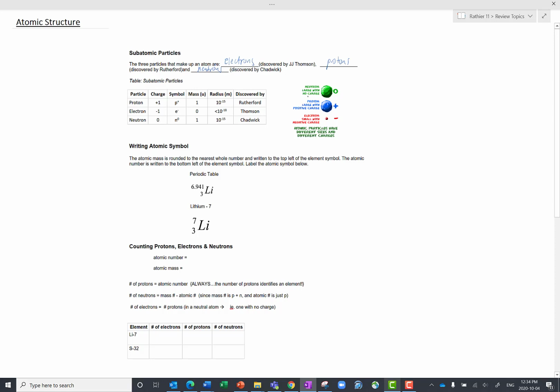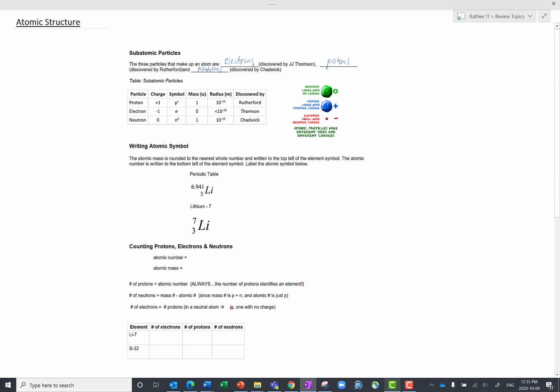Okay, so on the side over here, we have a reference of the three particles. I'm also showing you the typical symbols that we use to represent these particles. Generally speaking, you'll see the electron more often than the other ones, but it is good to know to recognize them. Now, the relative mass is important here.